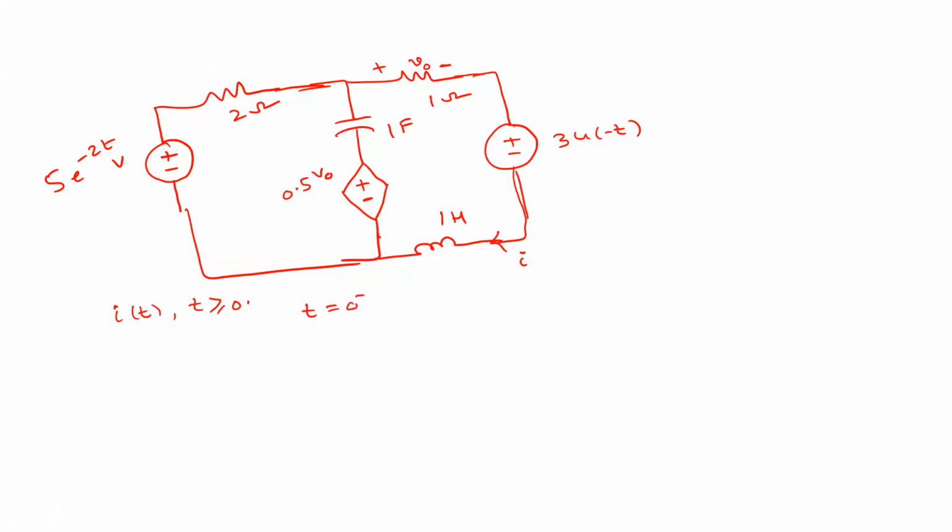Okay, so tell me, whether this source will exist for t equal to 0 minus. Yes, sir. What is its value then? 5. Why 5?